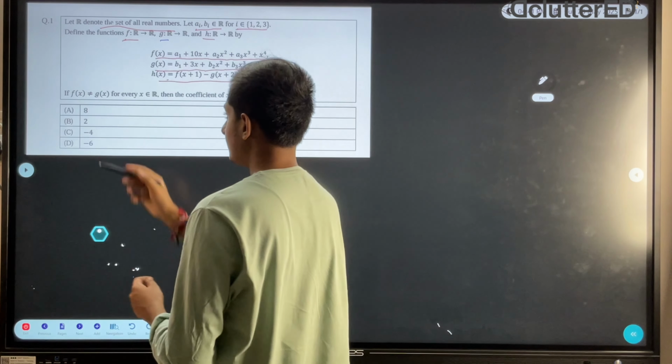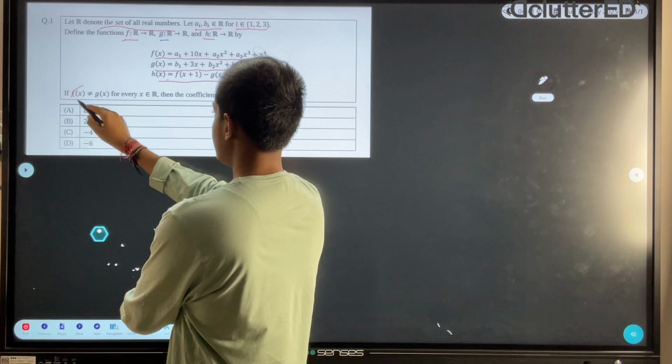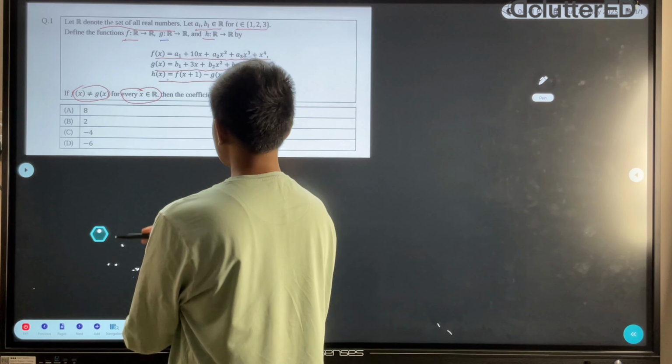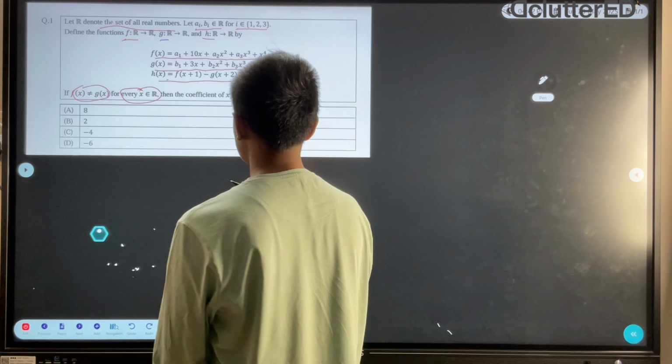Now it is also given that f(x) is not equal to g(x) for any x belonging to R. Okay, so let's get to this part first.